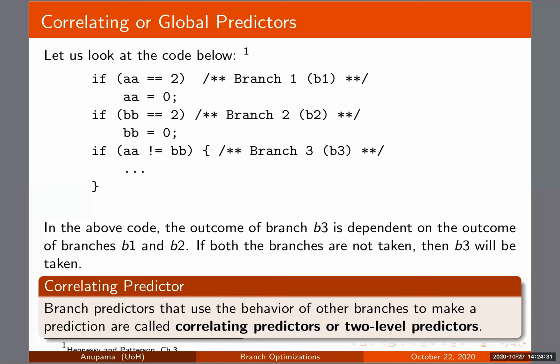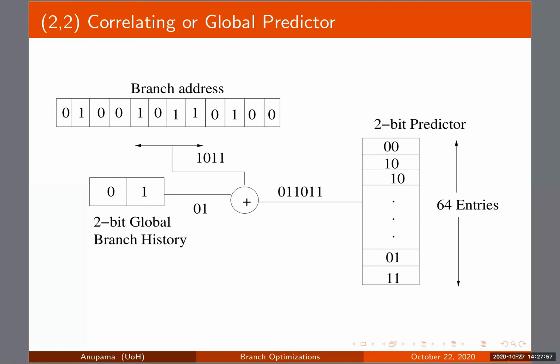So you will be able to have a more accurate prediction for each branch. That's what they do. But here, because we are maintaining only a 2-bit global history and we have 64 entries in the predictor table, we are concatenating the branch address bits to the global history to index into the table.